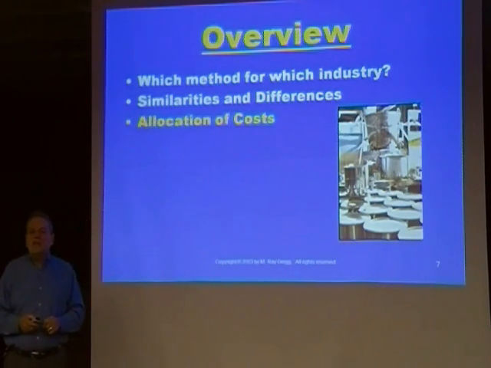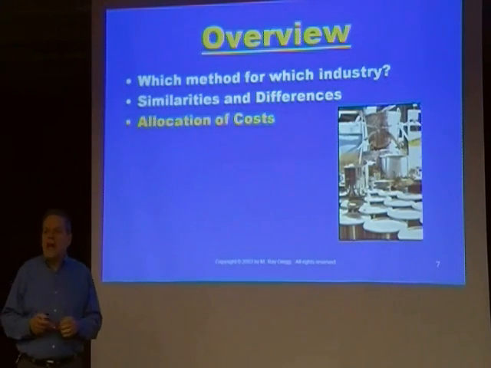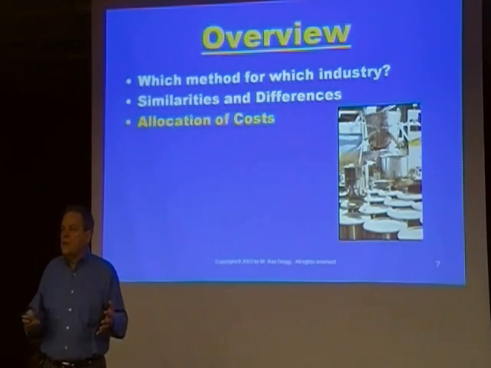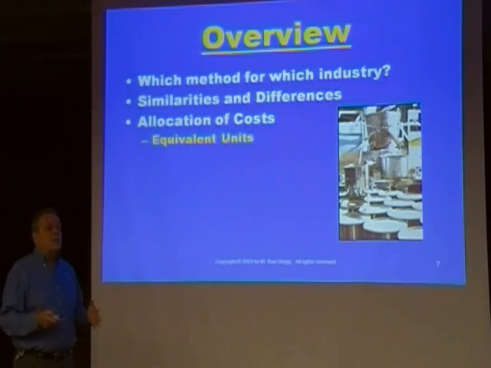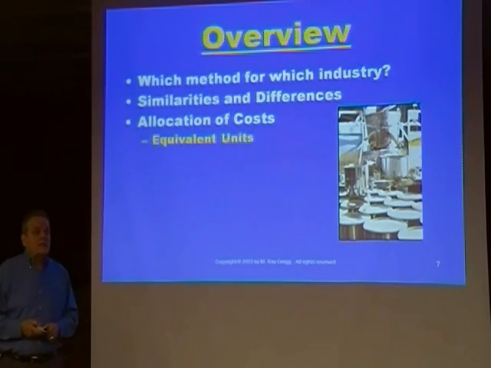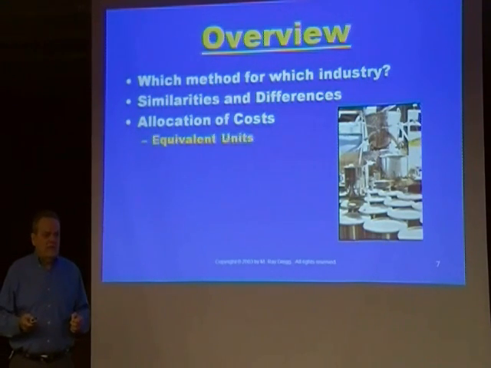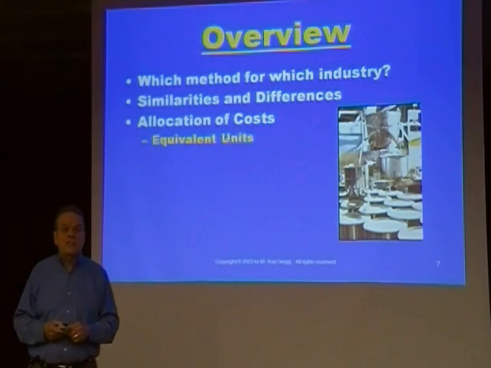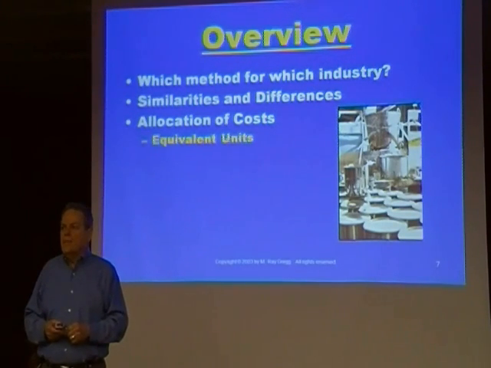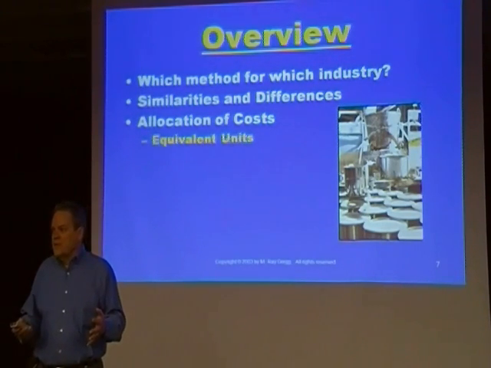The primary objective we have in this is to allocate the cost to production. We're concerned with two different groups. In order to accomplish this, we need to talk about something called equivalent units. If you want to relate to it at the moment, a simplified version of that would be pretend units.